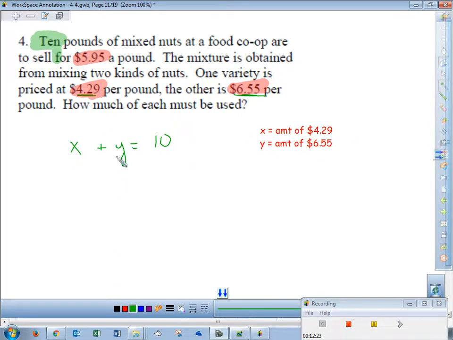So since X is dealing with the 4.29, 4.29 times X plus 6.55 times Y, and that should add up to be the 5.95 per pound, and we had 10 pounds. So please pause the video, get this punched into your calculator, and let the matrix do the work for you.